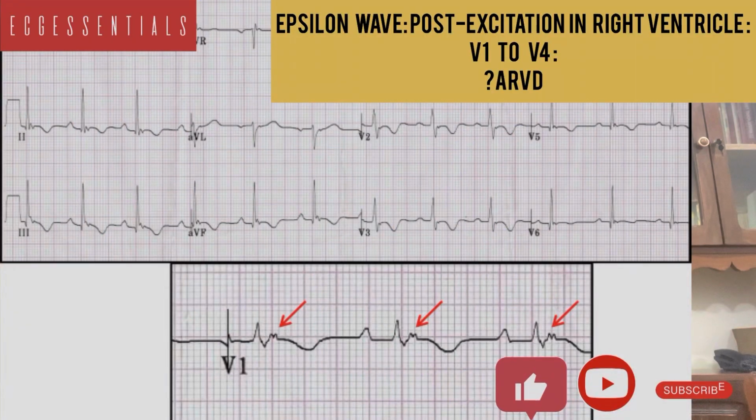Anyway, the epsilon wave should also be mentioned. Personally, I haven't seen one before, but in the text, the epsilon wave is a small deflection that we find at the end of the QRS complex.